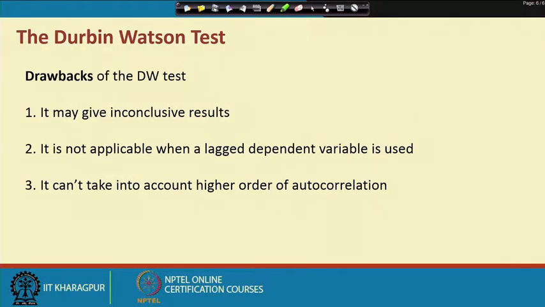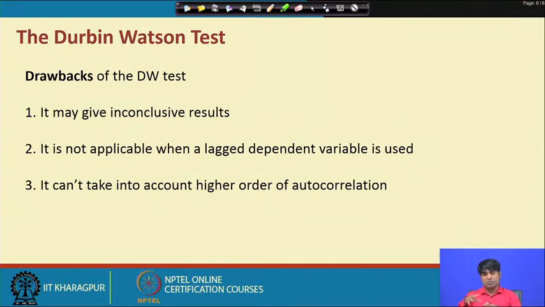And the Durbin Watson d statistic itself has some drawbacks. It may give some inconclusive results, and it is not applicable when a lagged dependent variable is there, because whatever technique we have used till now has been with the intention of explaining the dependent variable with the independent variable only. So, no lag involvement.